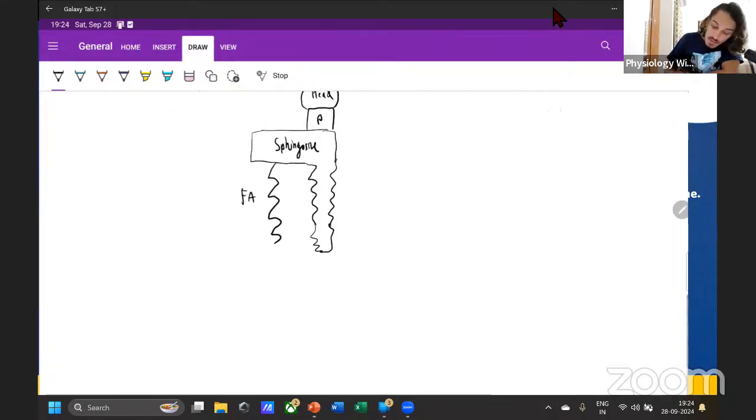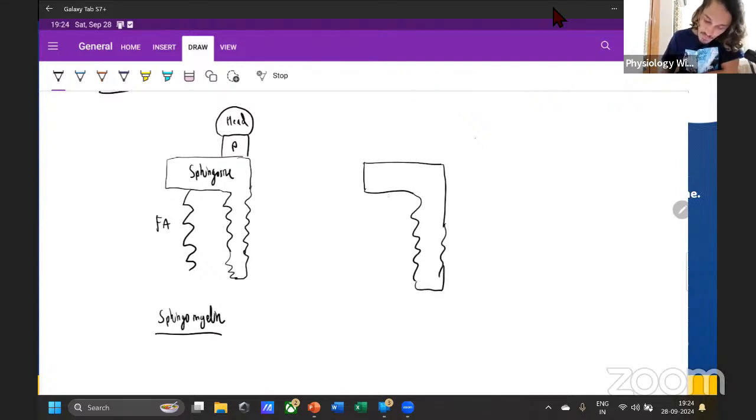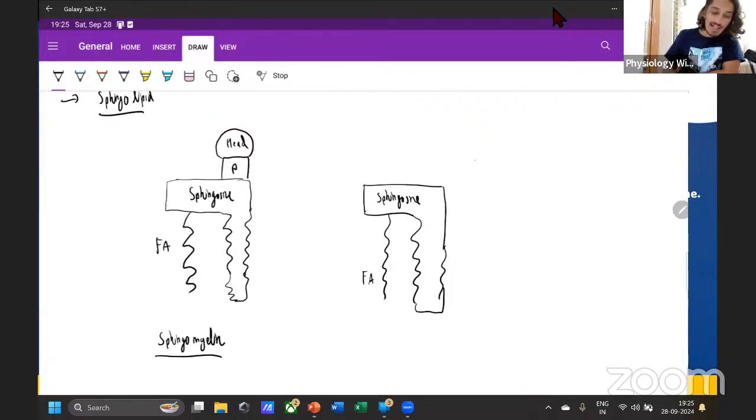Okay, so this structure is what we call a sphingomyelin. Now, instead of this, we again take a sphingosine, fatty acid chain over here, and to this, we directly attach any sugar residue.